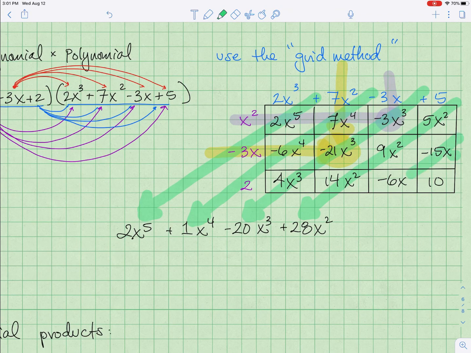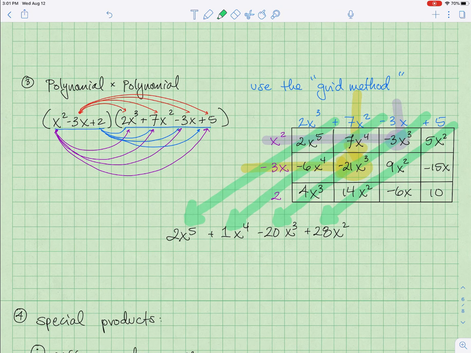Not sure why that zoomed in like that. Let's see, negative 15 and negative 6 is negative 21x. And then no work in that last diagonal. We just get a positive 10.